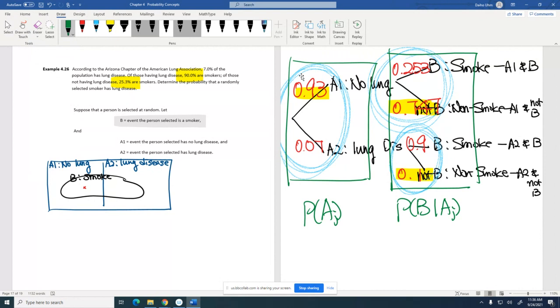A1, no lung disease. A2, the patient who has the lung disease. So can you make the Venn diagram or the tree diagram?